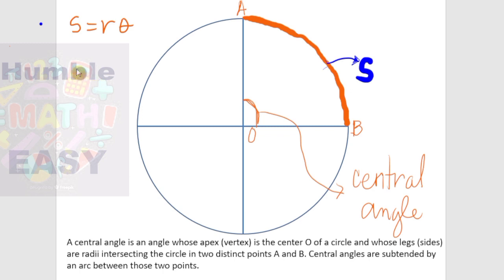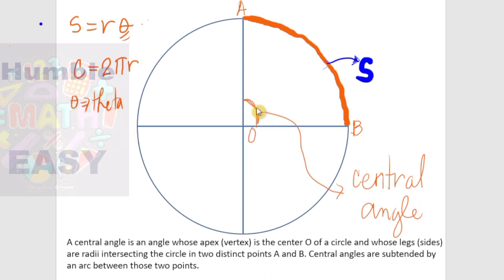Considering that we previously have the perimeter of a circle, represented by the circumference, 2 pi r. The theta here represents the angle measurement, whether in radian measure or in degree measure.